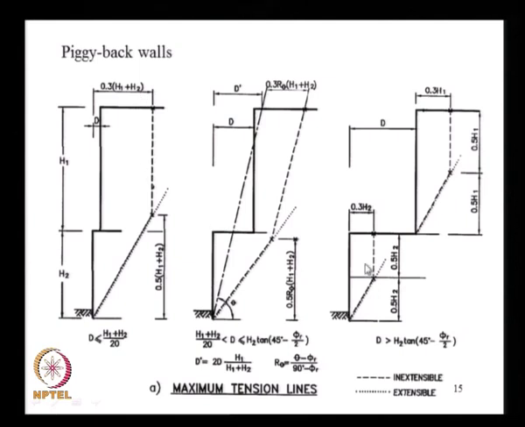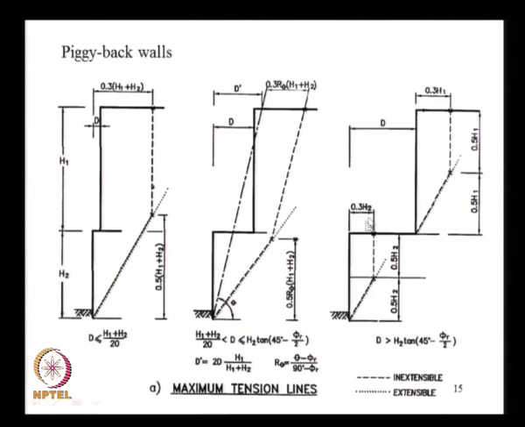And if, on the other hand, the upper walls are so far away with so much offset that the Rankine active rupture plane that is drawn does not interact with the upper tier, then we can treat both the walls as two independent walls, and the design is based on our conventional systems, either tie-back wedge analysis if the reinforcement is an extensible type.